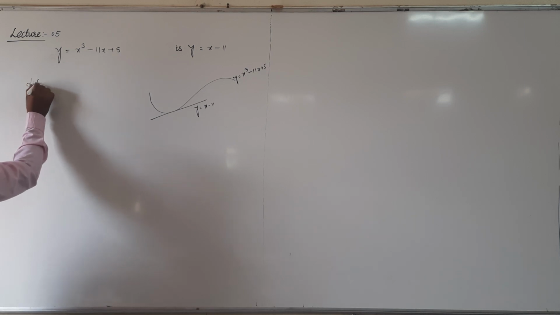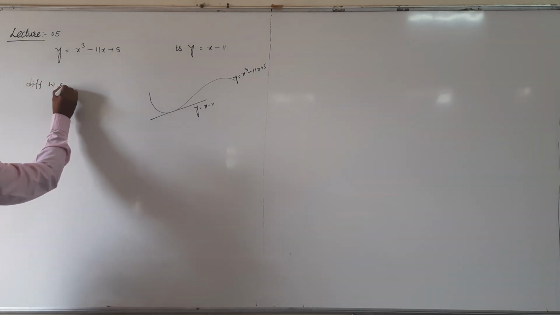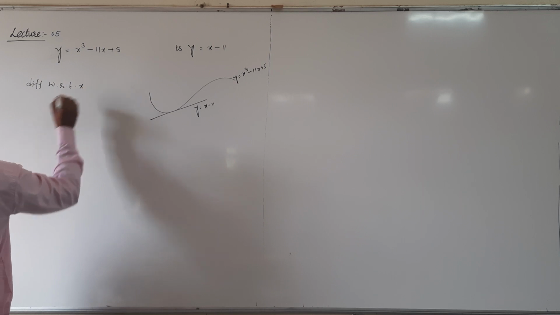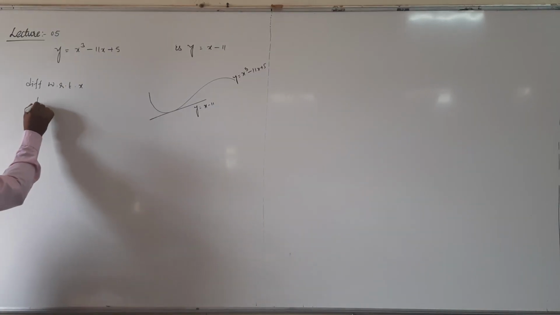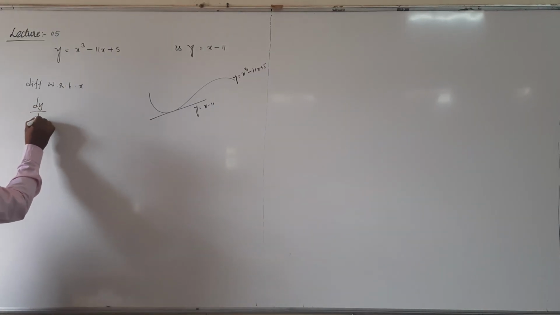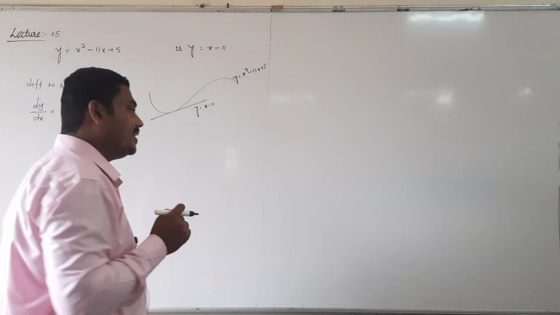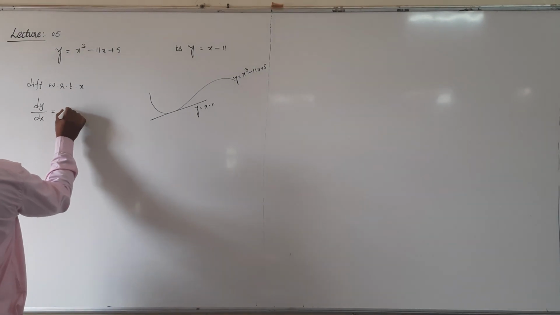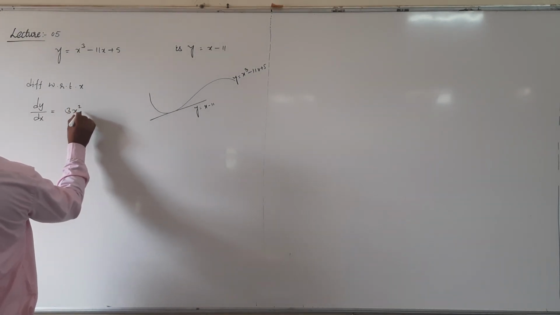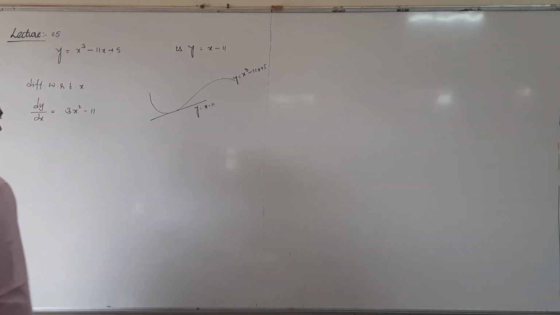Differentiate with respect to x, then dy by dx equal to, x cube differentiation is 3x square, minus 11.